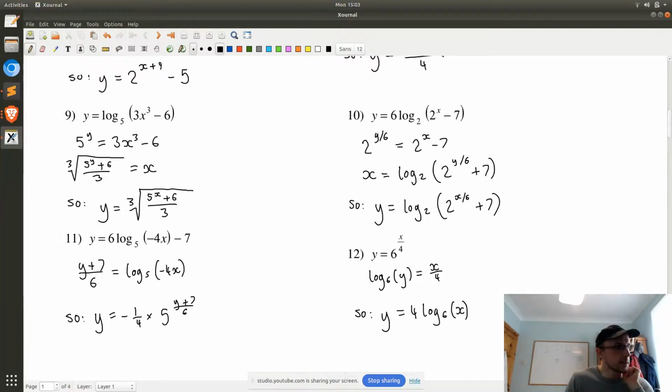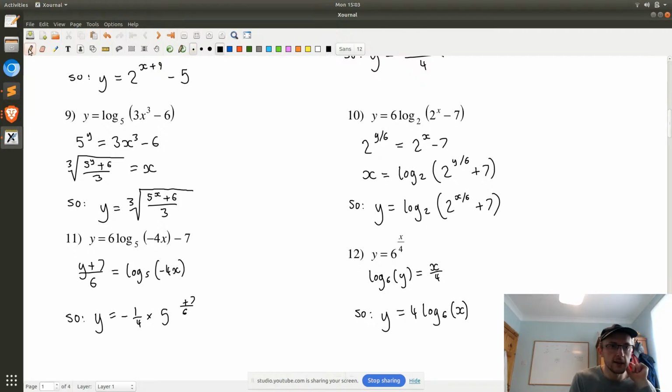And now to check. Okay, on the 9th one, that's fine. 10th one, correct. 11, did not swap the variables correct. Hold on, that should be an 8. It should be an x.